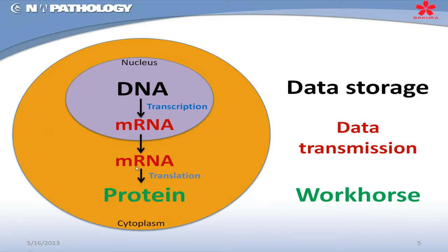So the information from DNA can't really be used to do anything useful until that message can get out of the nucleus. So mRNA, or messenger RNA, is what's used to transfer that information from the nucleus to the cytosol, where really the functions of the cell are taking place.